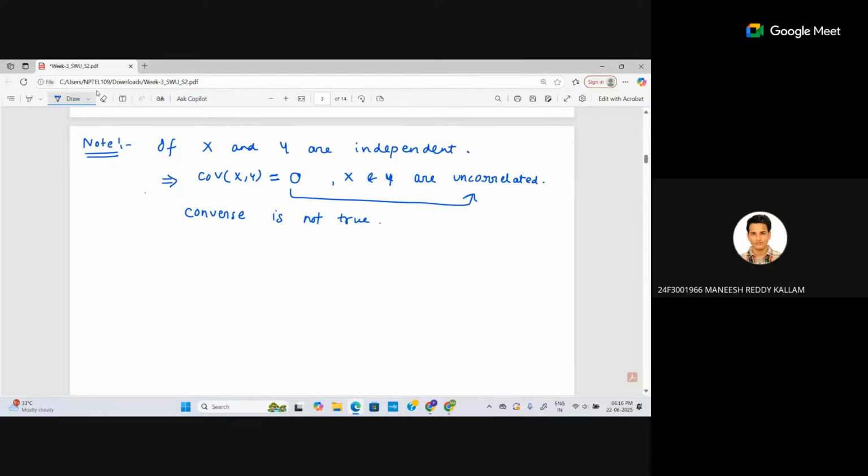Okay, if variables are independent, right, ma'am? Sorry. You are talking about the variables, right, ma'am? Like the dependence will be there in other form like quadratic, etc. Yes, yes. Okay, so we cannot say that they are independent. No, my doubt is like the formula where we previously discussed, where e of xy is equal to e of x into e of y only if both are independent, right?